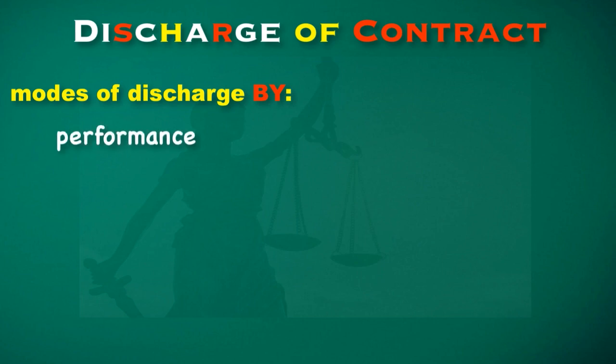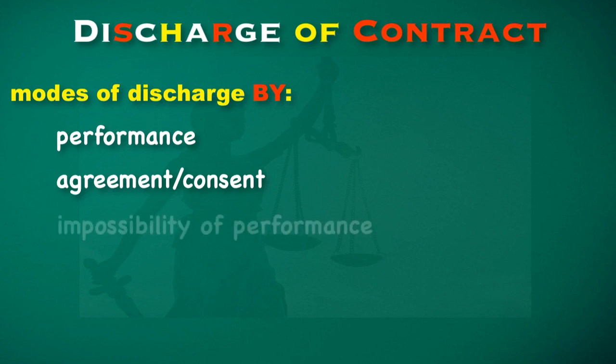Performance is a universal kind of mode to discharge the contract, because a contract is made with the purpose to perform, isn't it? So the first one is performance, the second one is by agreement or consent. We will see the meaning of agreement or consent.